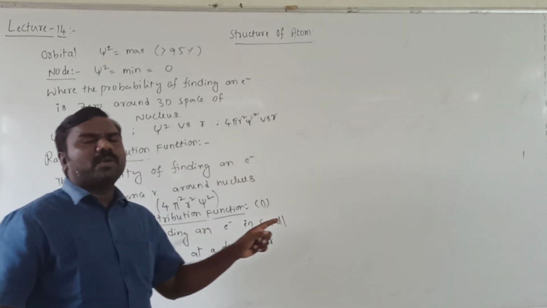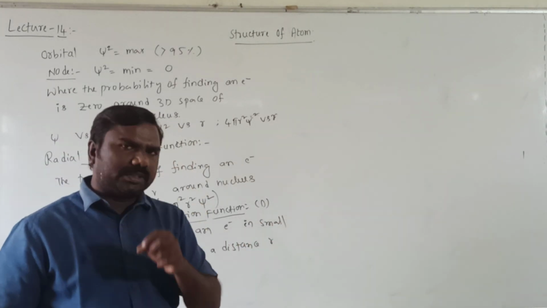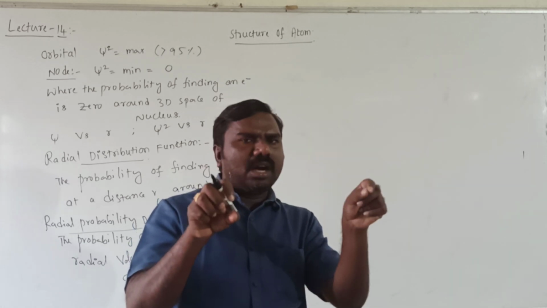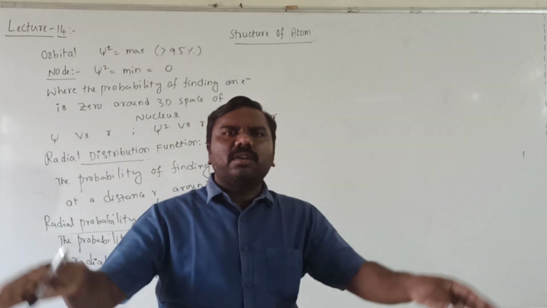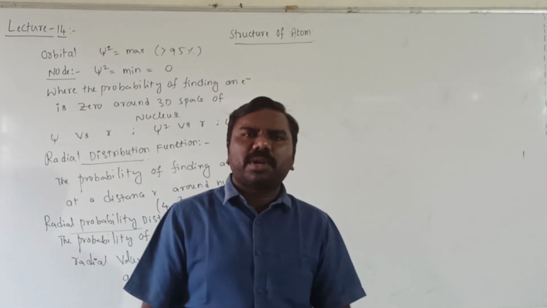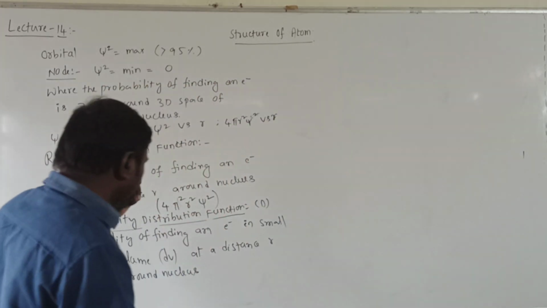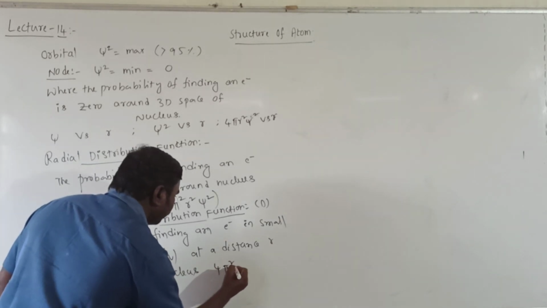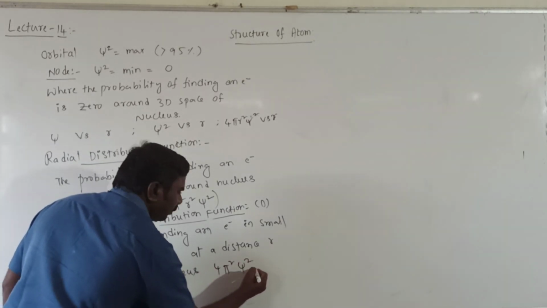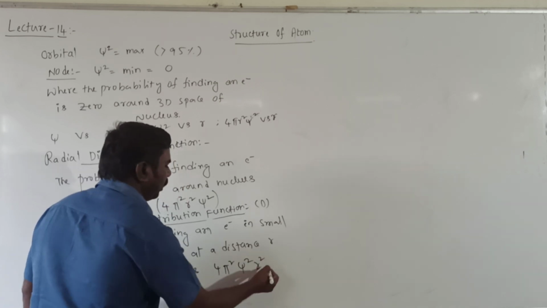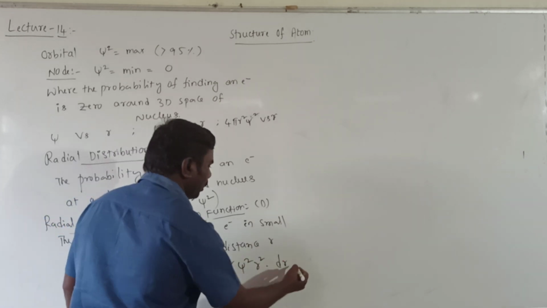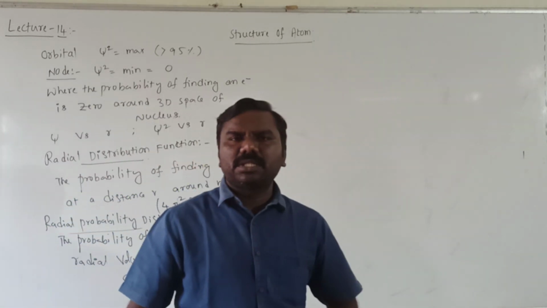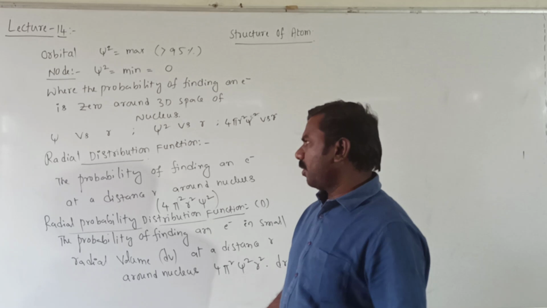This is the nucleus; around the nucleus at a distance r, there is a probability of finding an electron. It means there is a presence of electron. So that is indicated by 4 pi r square psi square dr. This is indicated as capital D.